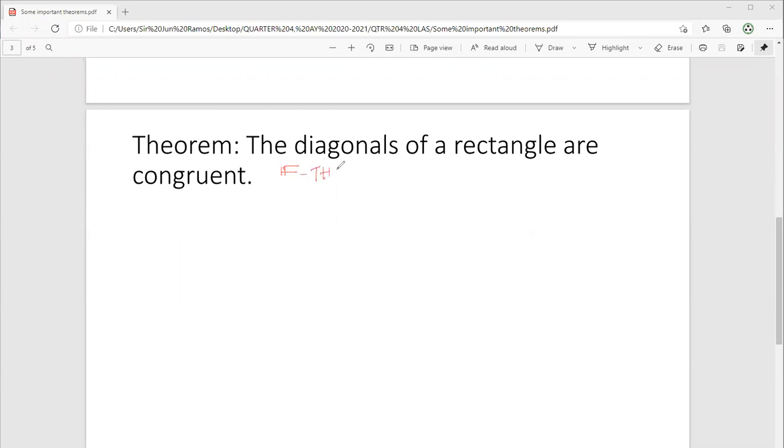So if we do it in if-then form, this will be: if a quadrilateral is a rectangle, then the diagonals are congruent.